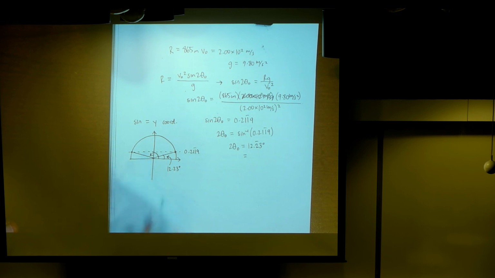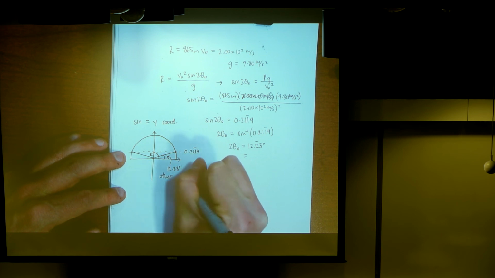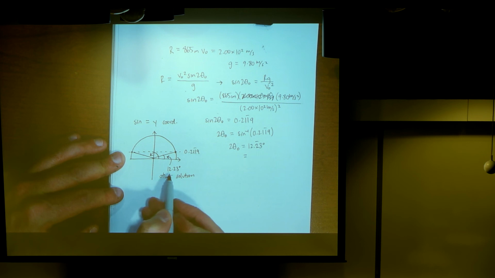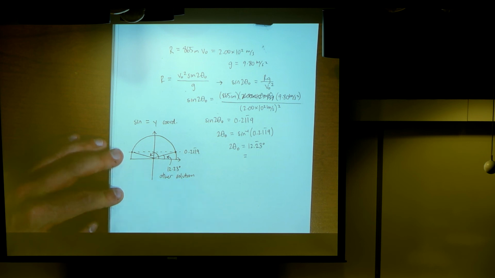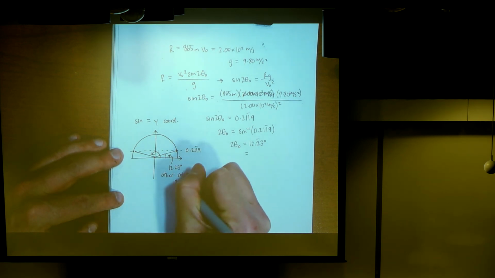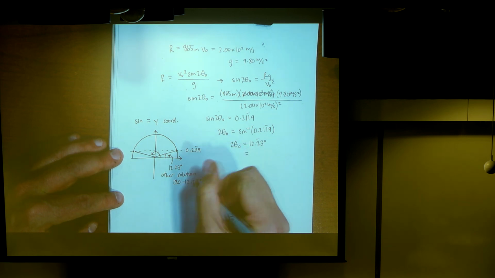Can anyone just immediately see what that other angle is? It's basically 180 minus 12.23. Can someone punch that in real quick? What's 180 minus 12.23? 167.76. Yeah.